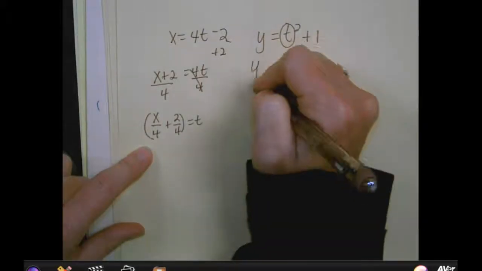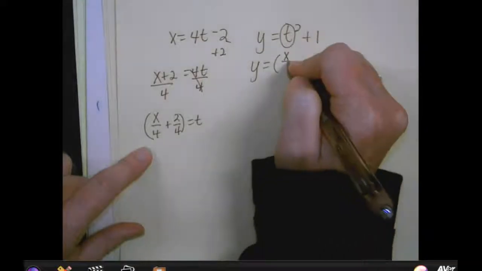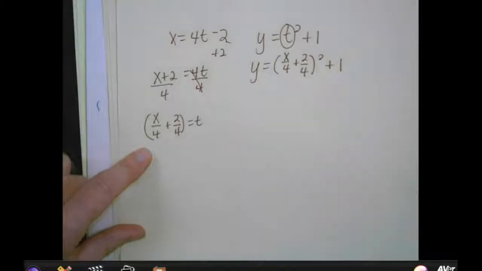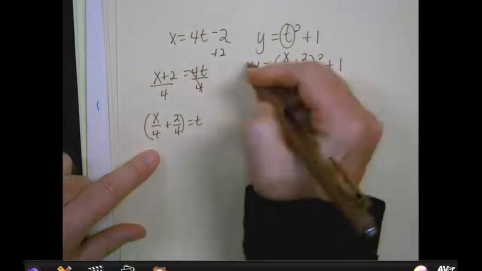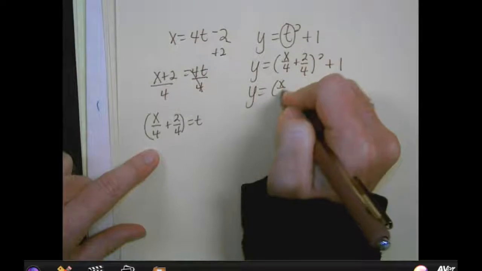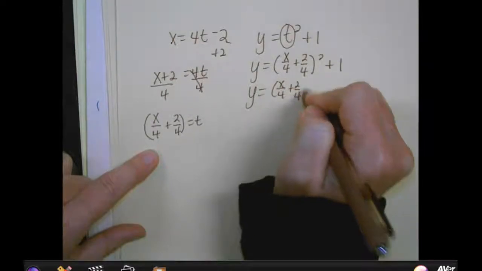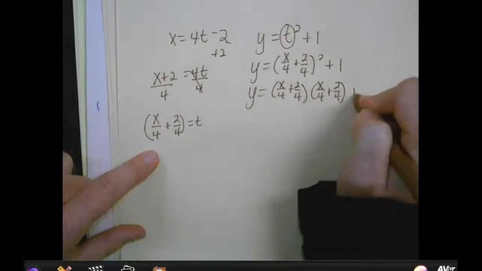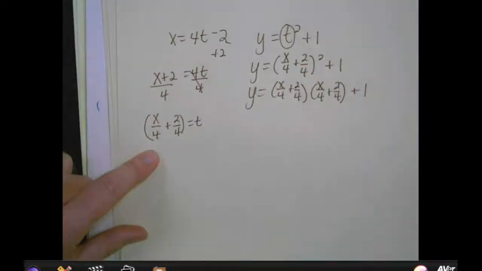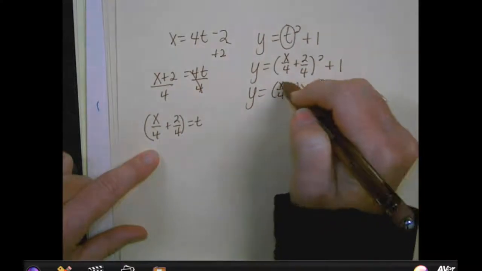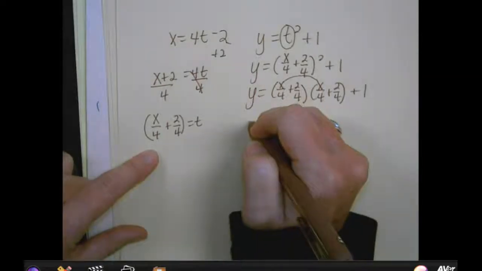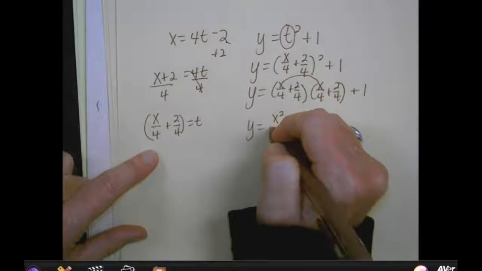So I'm going to get y equals, so now this equals, so I'm going to take this times this. So what is x times x? And 4 times 4? Very good. X squared over 16.